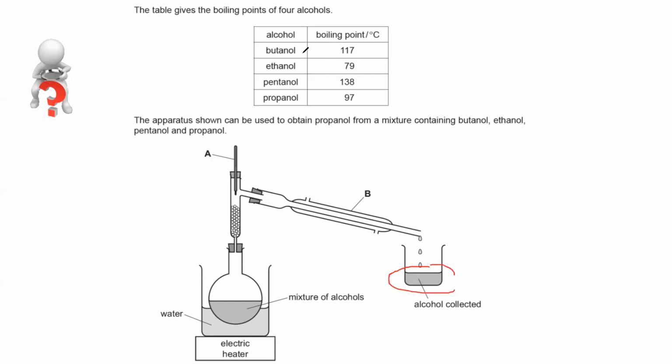Four alcohols are there: butanol, ethanol, pentanol, and propanol. So ethanol will be collected here. Why ethanol? Because ethanol has the lowest boiling point. So it will vaporize first and it will condense.